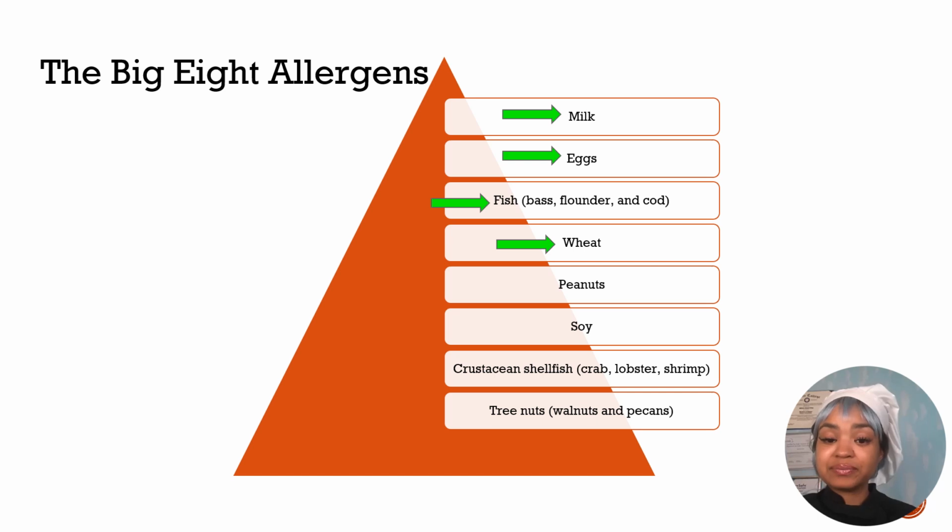Wheat, peanuts. If you've ever worked in schools or around children, you will notice that it usually says nut free. Prior to that, it used to say peanut free. Soy, crustacean shellfish such as crabs, lobster, shrimp, and tree nuts, walnuts, and pecans. We're back to the nut free rule of thumb.